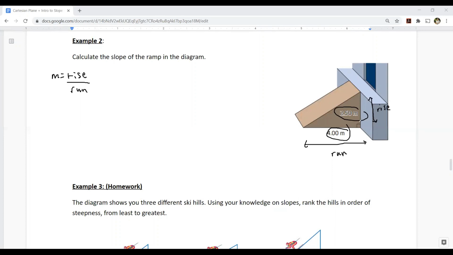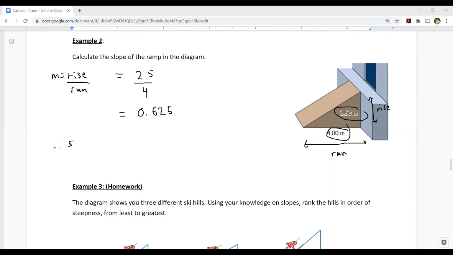A key thing to note is that this time we do have a decimal. We had the 2.5 here. So when we put it back into our equation, instead of simplifying this as a fraction, we could actually plug this into the calculator, and you're going to find that you're going to get 0.625. So all I did was 2.5 divided by 4 there.